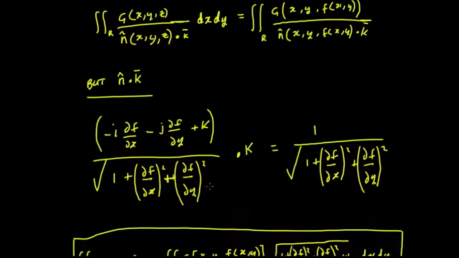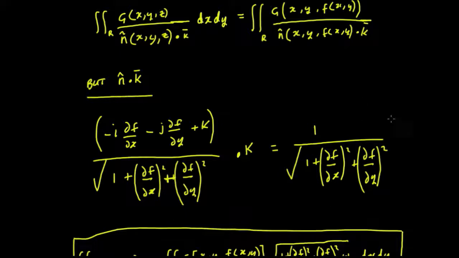So we're taking this normal vector and taking the dot product with the unit vector k. Then we can see that i dot k is going to be 0, and j dot k is going to be 0, and k dot k will give us a value of 1. So we're left with this here.